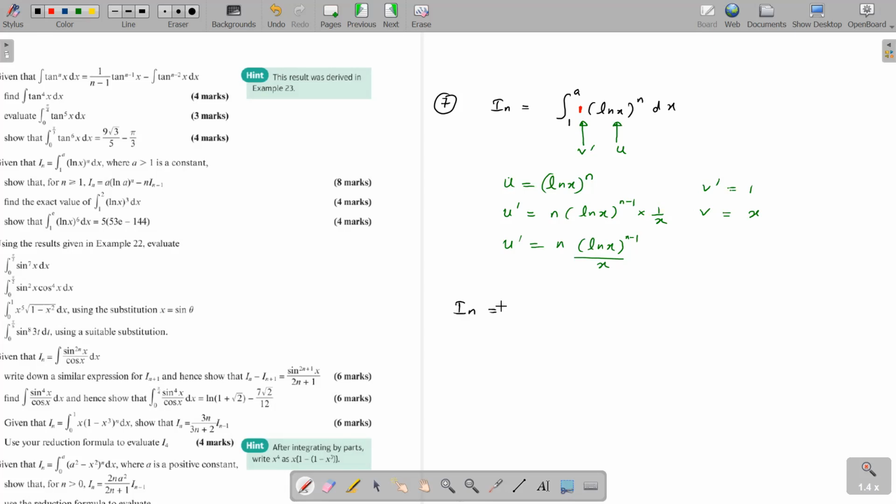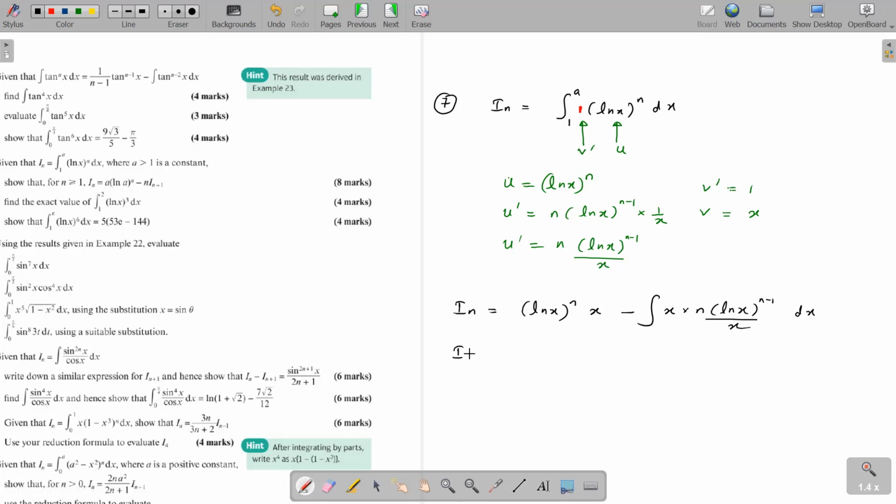I_n equals uv minus the integration of v u dash, right? So who is u? (ln x) to the power n. And v is x. So uv minus the integration of v u dash, which is n times (ln x) to the power n minus 1 over x. Are you with me?